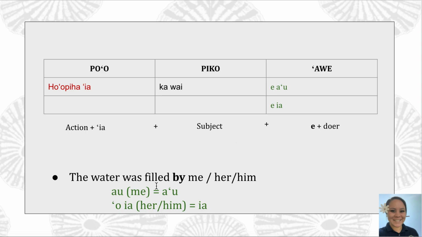Instead of au, or me, by me, we would change that to a'u. Or 'o ia for him or her, we will drop the 'o and just use ia. Ho'opiha ia ka wai e a'u, the water was filled by me. Or ho'opiha ia ka wai e ia, the water was filled by him or her.